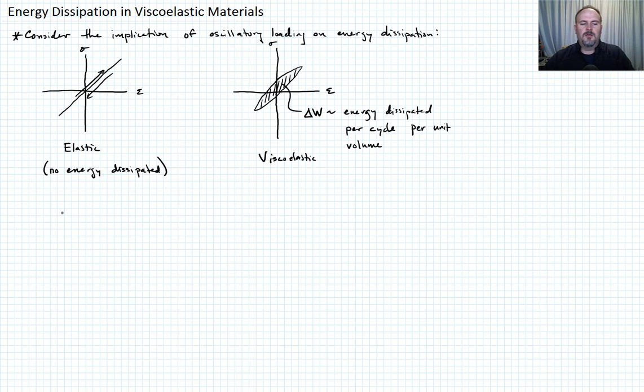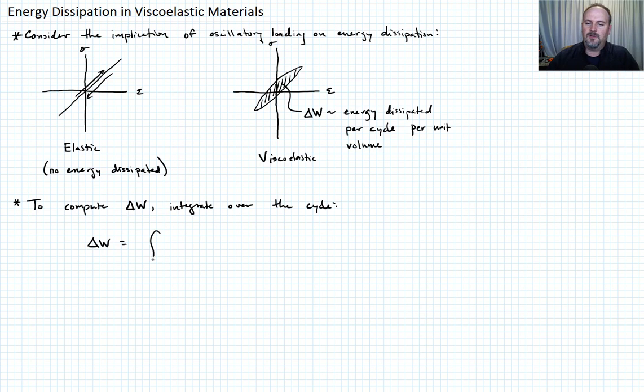Okay, so how about we compute delta W? To compute delta W, we're going to integrate over the whole curve, over the cycle. So delta W, the energy dissipated, would be equal to the integral over the cycle of sigma d epsilon.